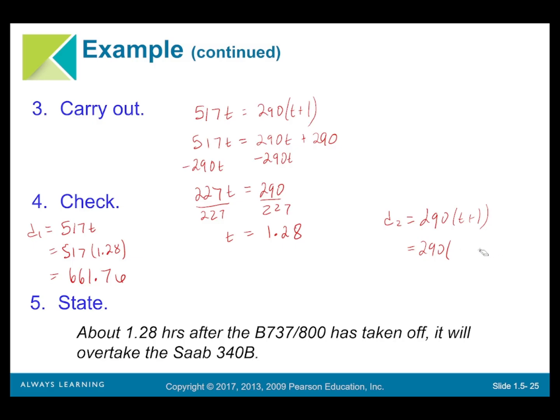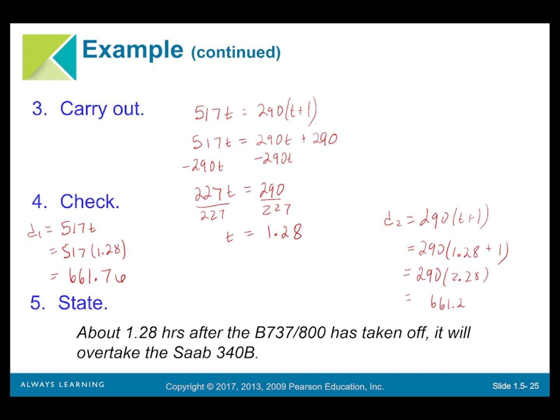Let me write out those details, I don't want to confuse anybody. So that's 290 times 2.28, which is 661.2. You can tell they're very, very close, and that's just because I had to round to the 8. It actually kept going. But we have checked that we do, in fact, have the correct time.